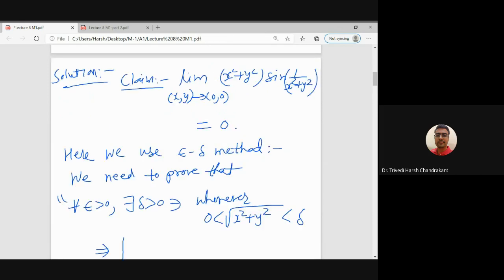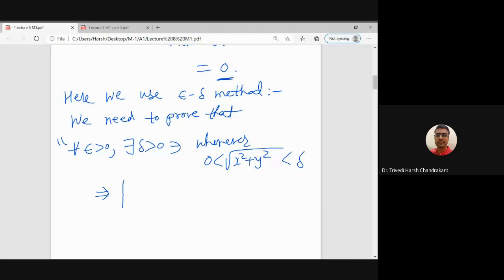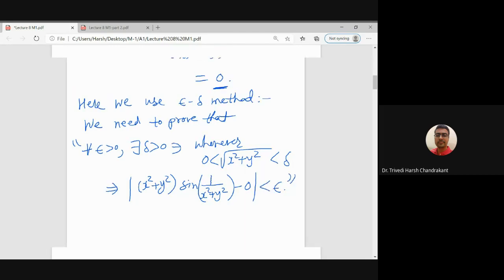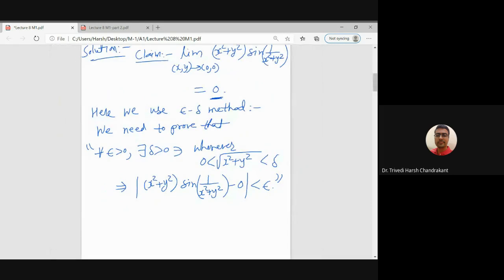The limit we want to show is 0, so therefore L we will take to be 0. So we need to show that |(x square plus y square) sine of 1 upon (x square plus y square) minus the value of the limit| is less than epsilon. Right, so this is our claim.